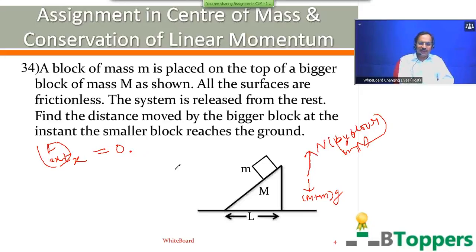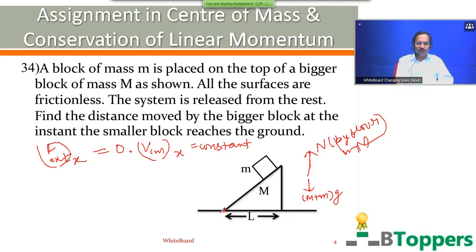Therefore, the x component of the velocity of the center of mass of the system remains constant. Initially, both the blocks are at rest, so the initial x component of velocity of the center of mass is 0. Therefore, the final x component of velocity of the center of mass of the system will also be 0. Therefore, there will be no displacement of the center of mass of the two blocks in the horizontal direction.